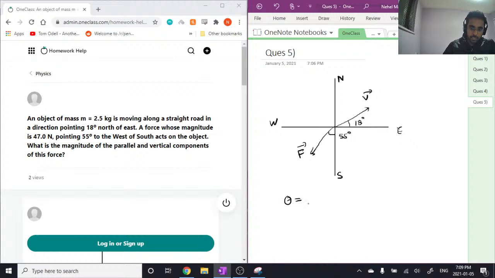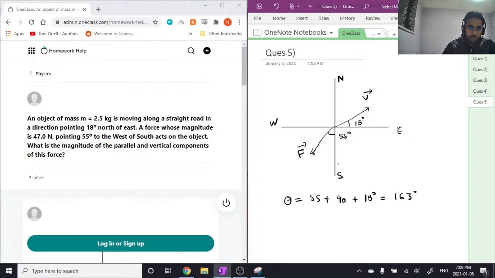So our theta is equal to 55 plus 90 plus 18 degrees, which is equal to 163 degrees. So it's 163 degrees from this point to there.